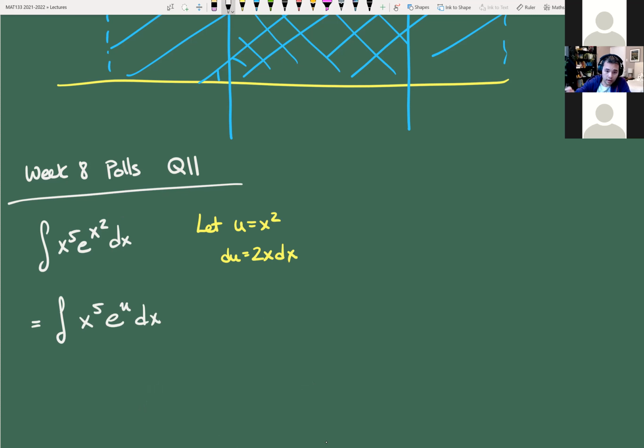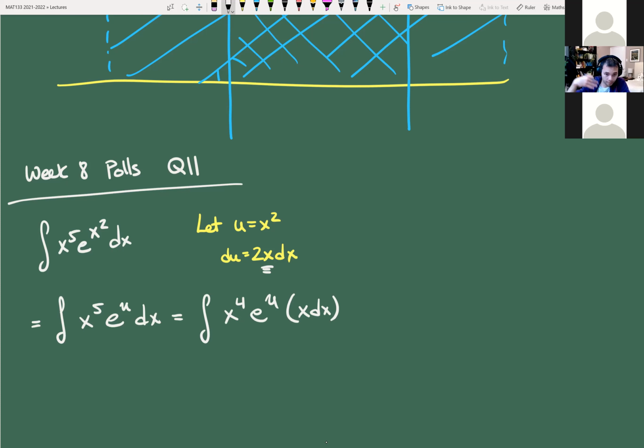Now, it's up to you whether you solve this for dx or not. The way I think about it is I'm going to keep 4 x's and use 1 for my substitution. I need 1 for the substitution because I have an x here, so I'm going to pull it to the side and put it with the dx so I can substitute it.